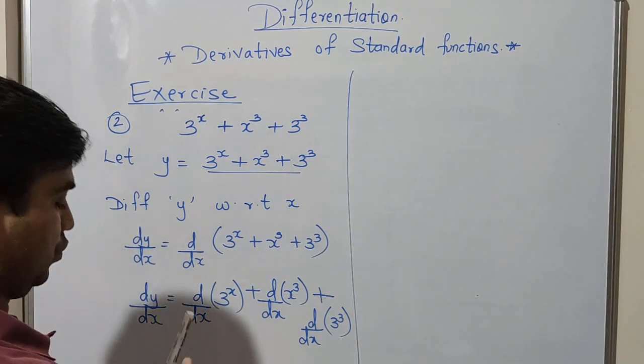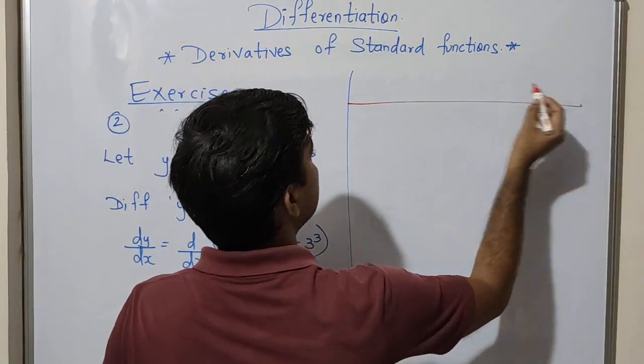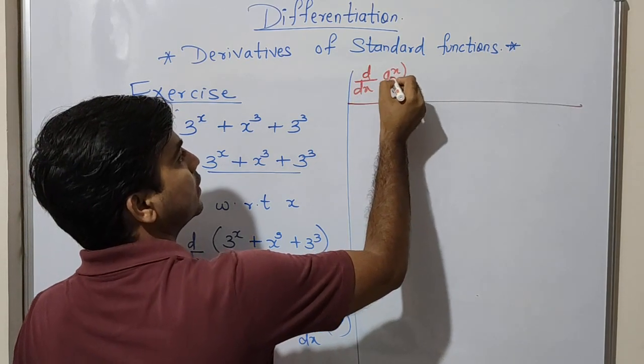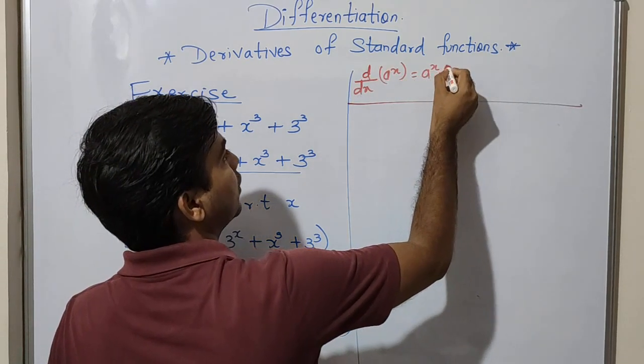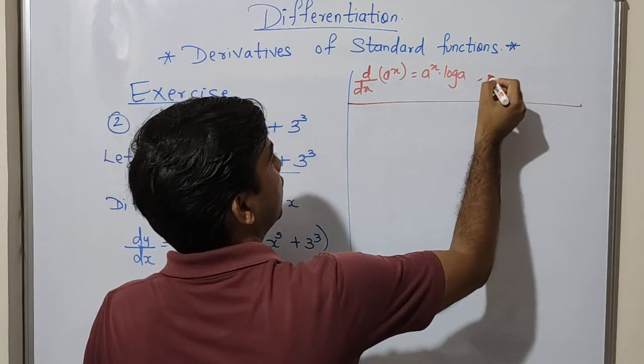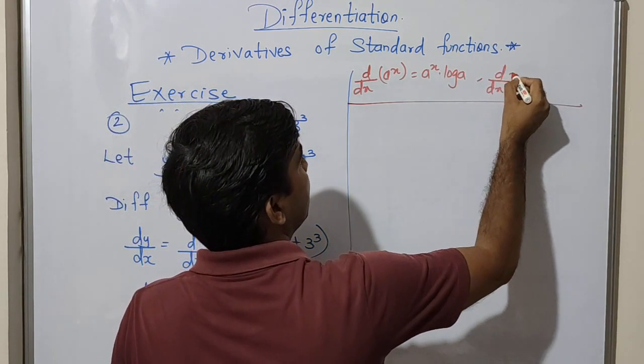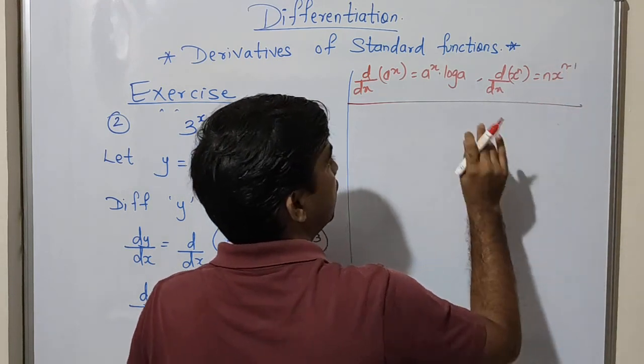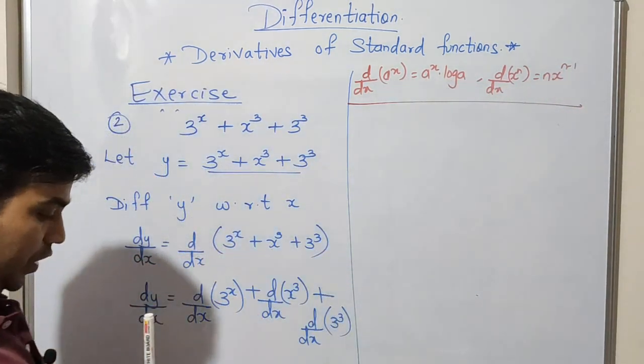Just to recollect, remember that the derivative of a raised to x is a raised to x log a. The derivative of x raised to n is n into x raised to n minus 1. We are going to use them over here.